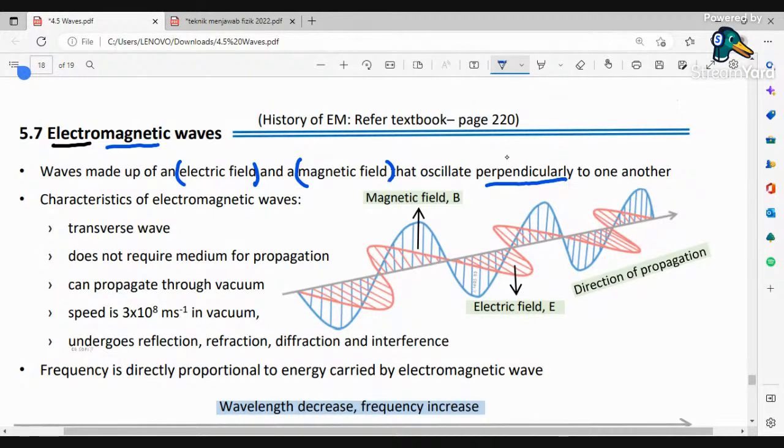Characteristics of electromagnetic wave: transverse wave. Does not require a medium for propagation, but can propagate through a medium. Speed 3 times 10 power 8, equal to the speed of light in vacuum. Undergoes reflection, refraction, diffraction, interference, the four phenomena of wave. Okay.